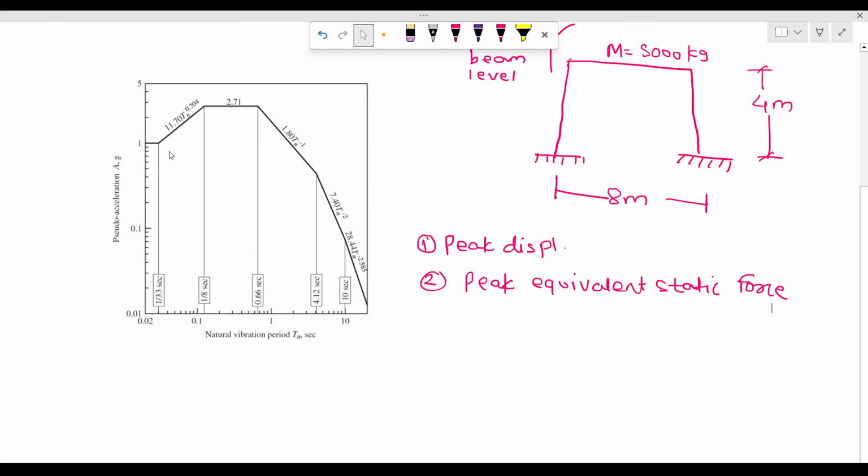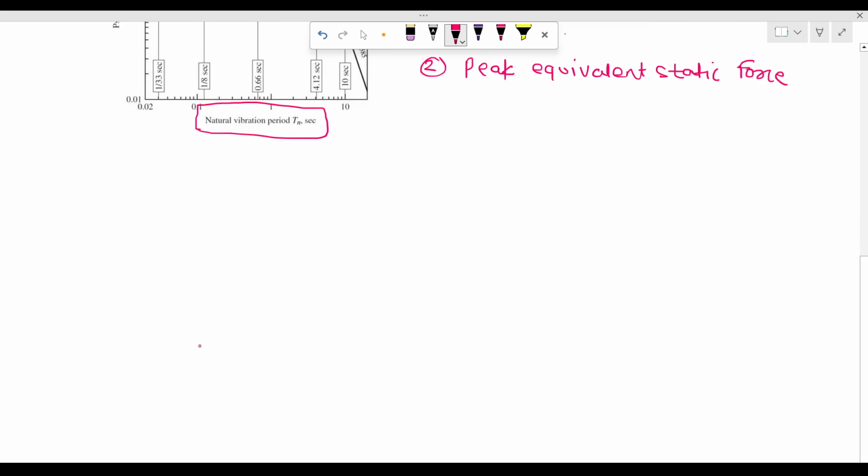For this, we are going to use this response spectrum curve. Okay. So if you see on the x-axis, there is a time period, right? So we have to find first the time period. Okay. So for finding the time period, we know that Tn is equal to 2 pi upon omega n, where omega n is square root of k upon m, right?